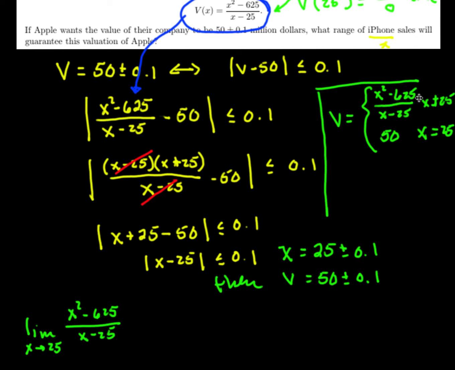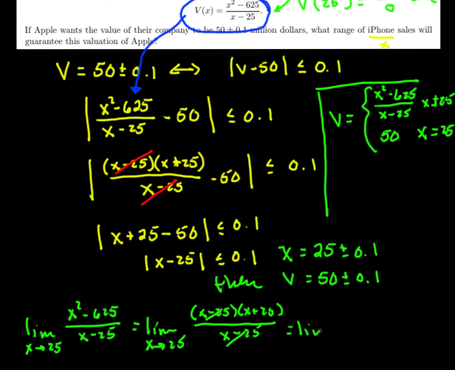Just like we did a second ago, the top factors into x minus 25 times x plus 25. The bottom is still x minus 25, which gives our canceling. This is the limit as x approaches 25 of x plus 25, which is 50, which is exactly the value of my function at 25. That means it's continuous at that point.